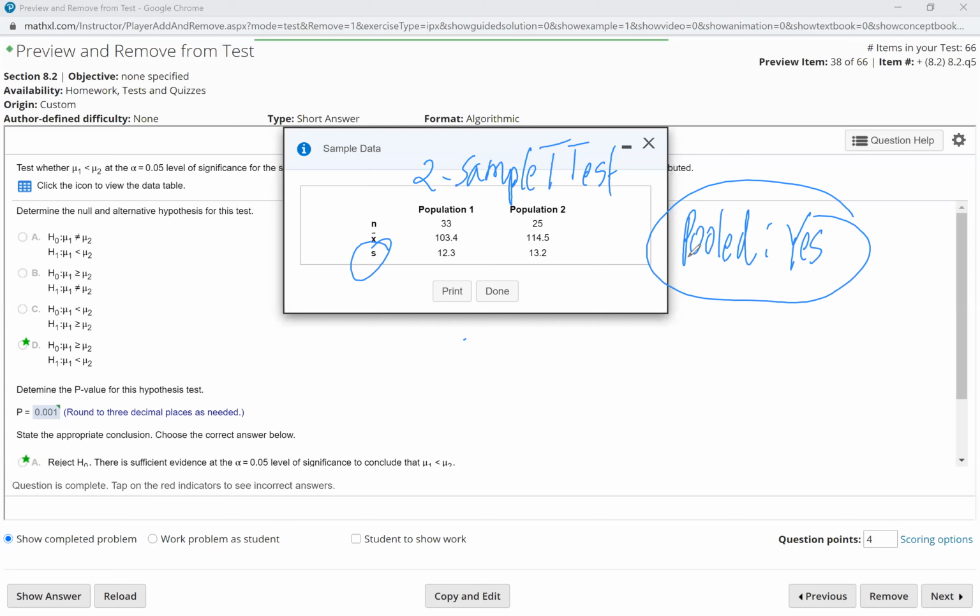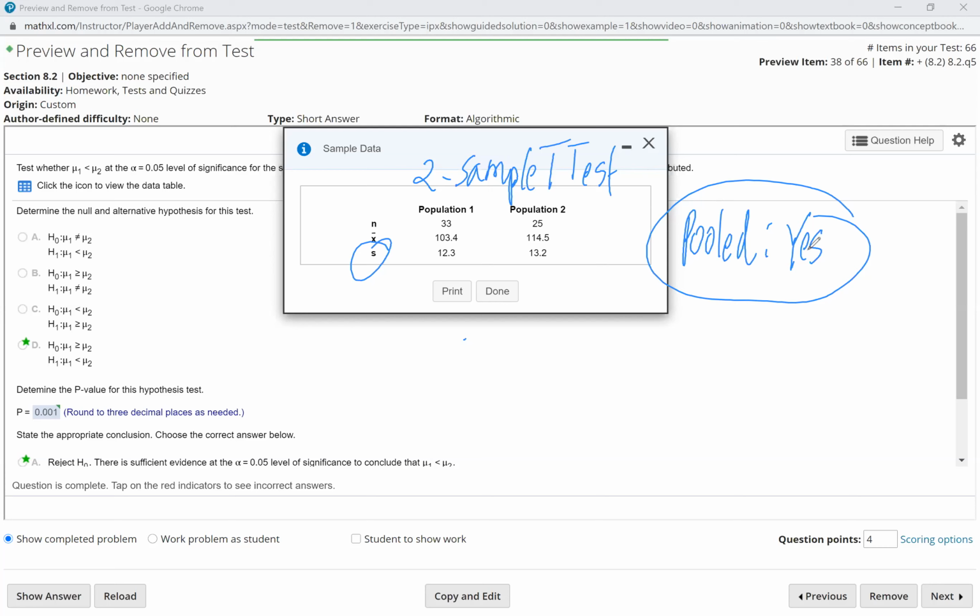I don't think I skipped that part, guys, but if I did in any problem on the final, it will state that. If you're sure it's a two-sample t-test, no pooled by default is no, but it should pretty much say.